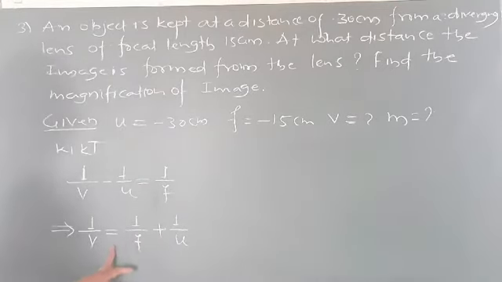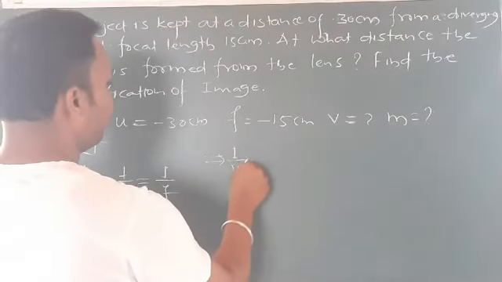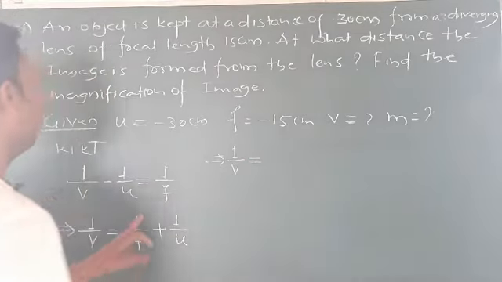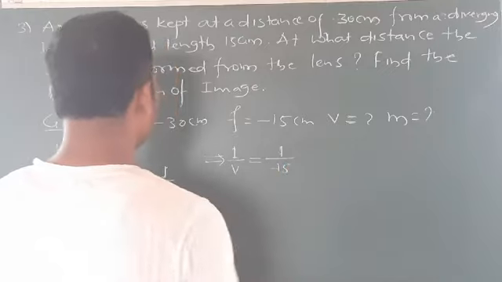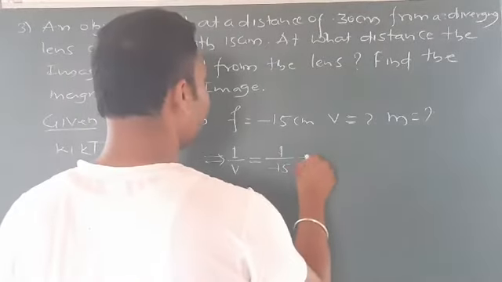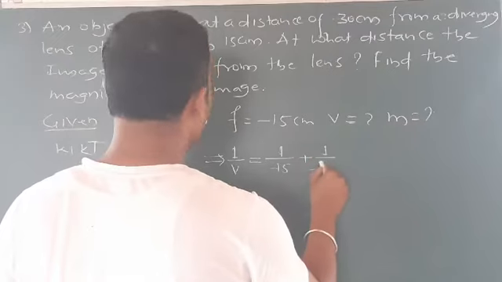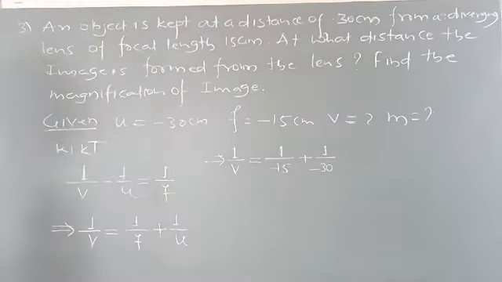Now I'll substitute the values. 1 by v stays as it is, equal to 1 by f, which is 1 by minus 15, plus 1 by u, where u is minus 30. Now we can take the LCM.